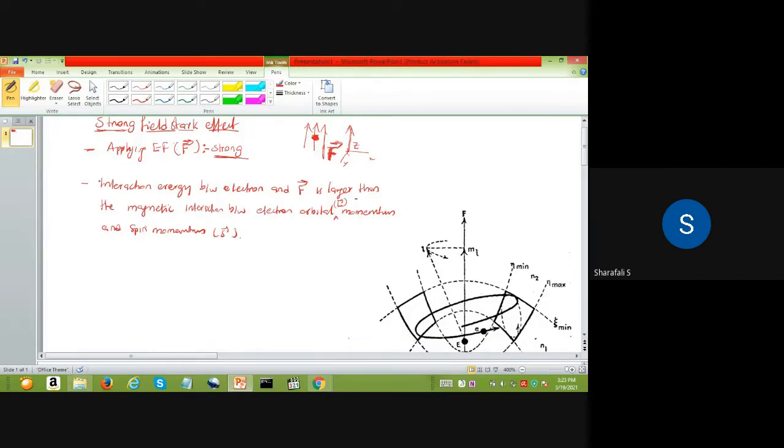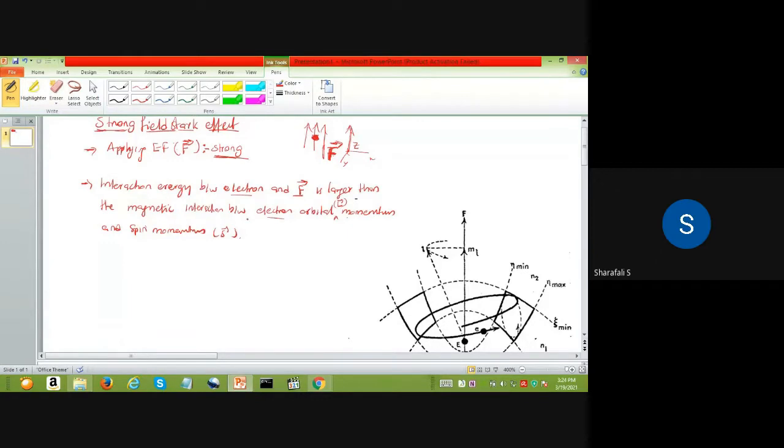So strong means the interaction between the electron and the electric field F is larger than the magnetic interaction between the electron's orbital angular momentum and spin angular momentum.